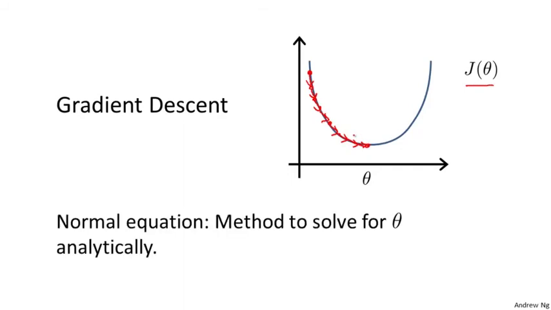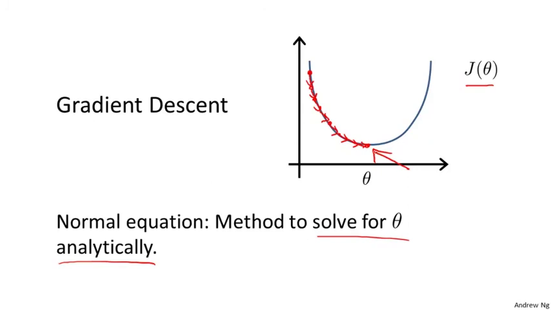In contrast, the normal equation will give us a method to solve for theta analytically, so that rather than needing to run this iterative algorithm, we can instead just solve for the optimal value for theta all in one go, so that in basically one step, you get to the optimal value right there.